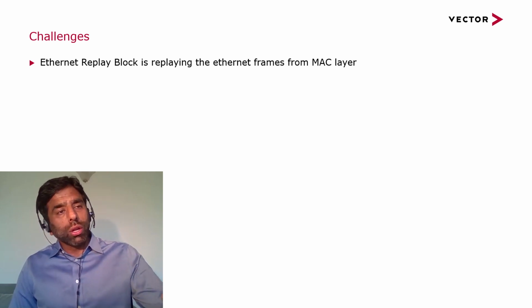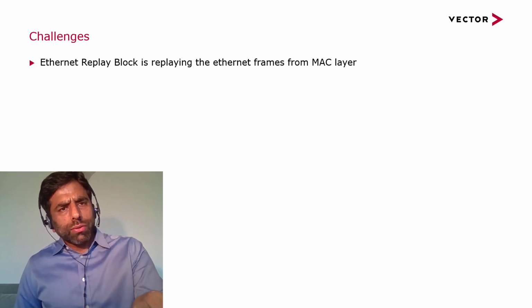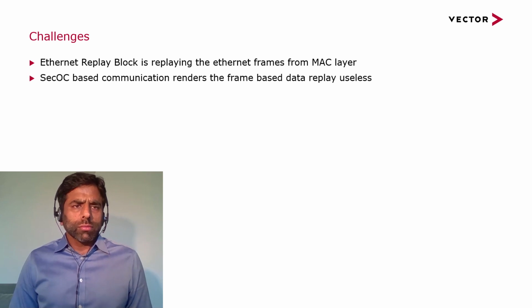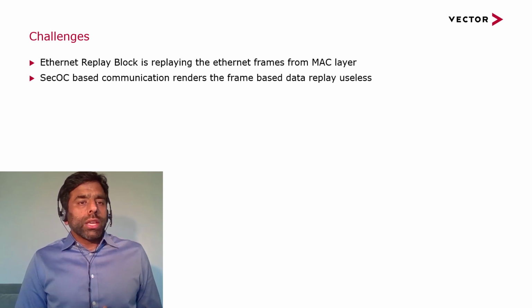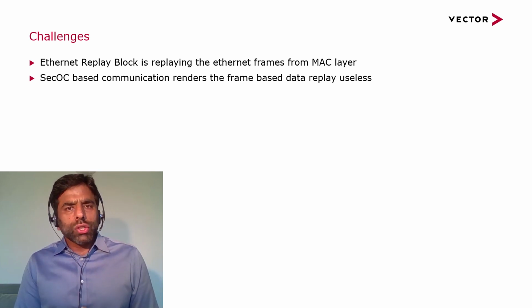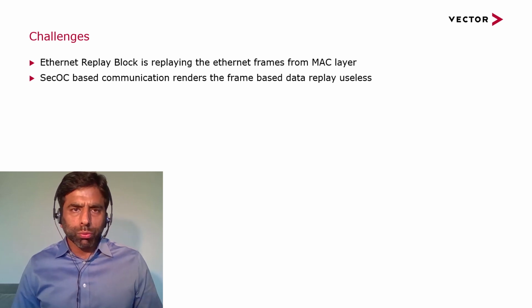So you wouldn't have control over the embedded protocols within this frame as well as the actual data. Now, if the ECUs and systems are utilizing SecOC-based communication, then the frame-based replay is completely useless. It wouldn't have any meaning.